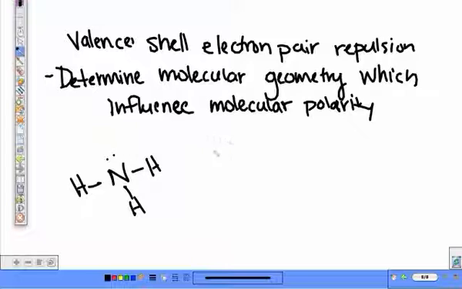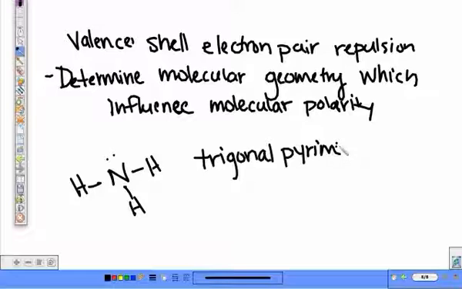Trigonal pyramidal. You will be able to use a table. Yes, you don't have to memorize it. What kind of bond angles would you see? 109.5.